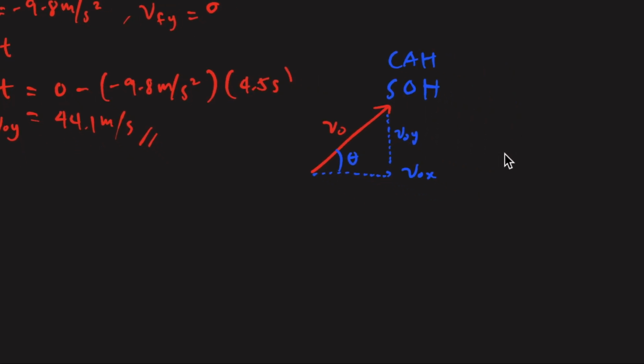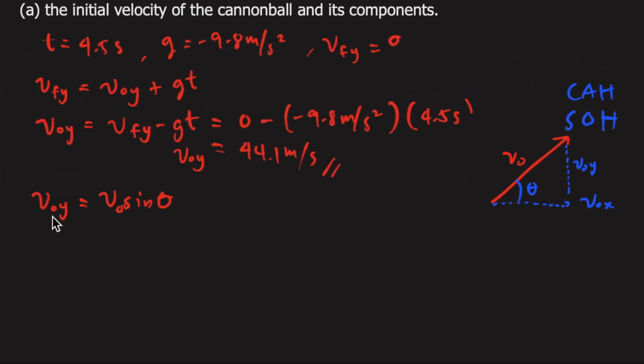So since we are looking for the v naught y, we have to use the sine theta.